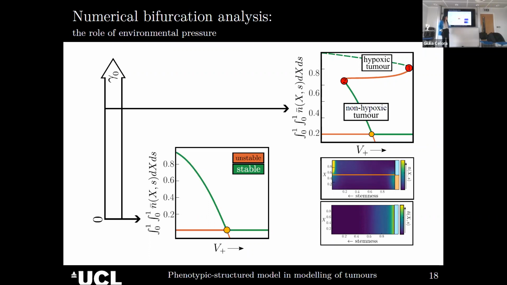You can think about maybe more advanced models. I tried with the standard one-phase moving boundary problem, a Greenspan type of model but with phenotypic heterogeneity, and basically diffusion disappears. And overall, it's more or less the same.